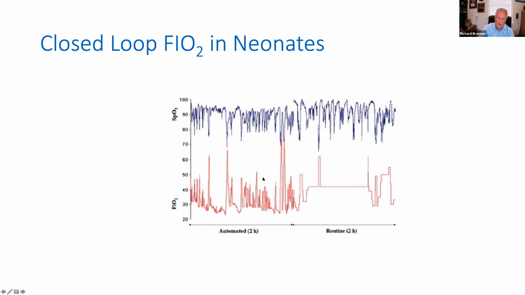So this is an area where, in my initial discussion about where might closed loop have a positive effect, I think this is one. And I know nothing right now about where they're at with their FDA approval, but the failure to have FDA approved closed loop control of FiO2, if anywhere else in the neonatal intensive care unit, to me is a shortcoming at the moment. That's something that we need to see in the marketplace.